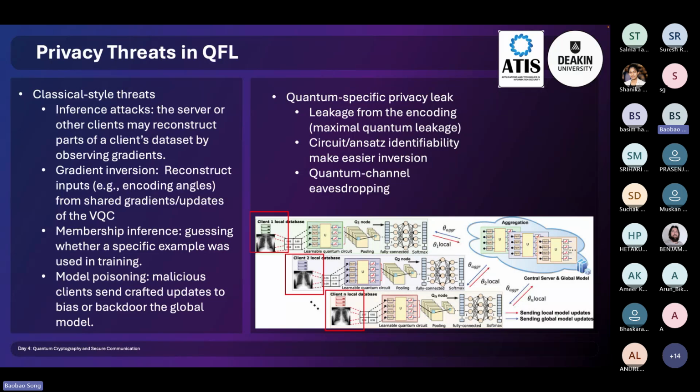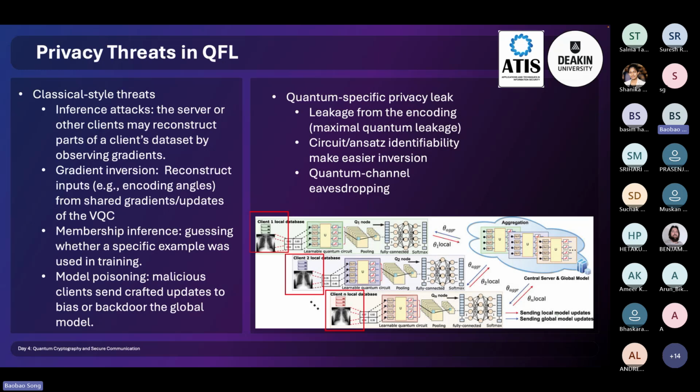So in that case, we can use membership inference. The inference attack can cover the membership inference, and it can also infer other different attributes of the client's data set.